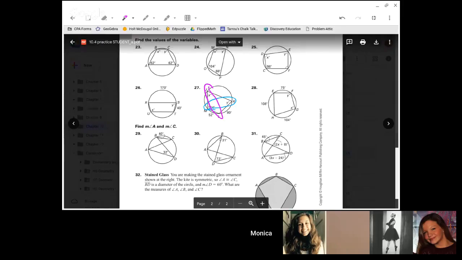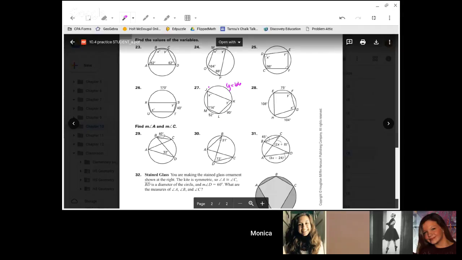Okay, so we can figure out y pretty easily, right? Okay, so if we know that y is 66, because we did 180 minus 114 gives us 66, we just need to solve for x.